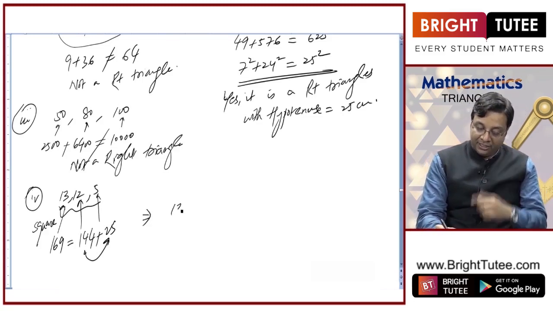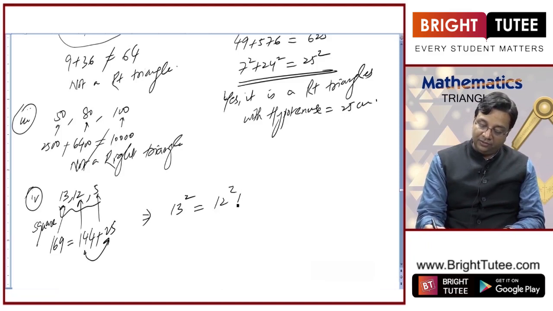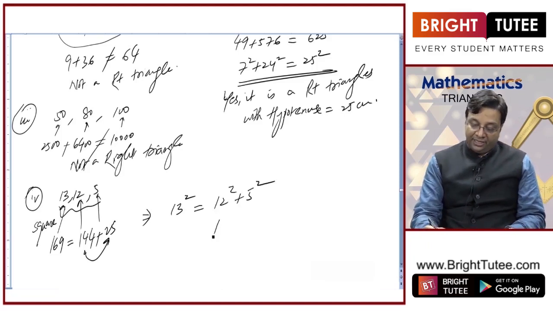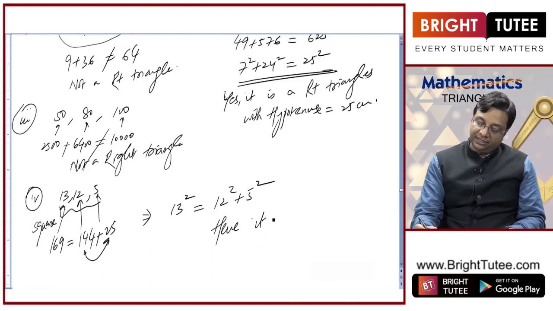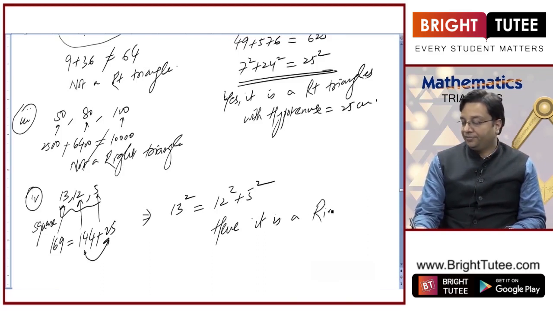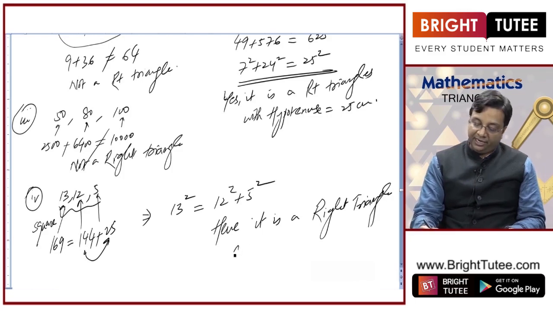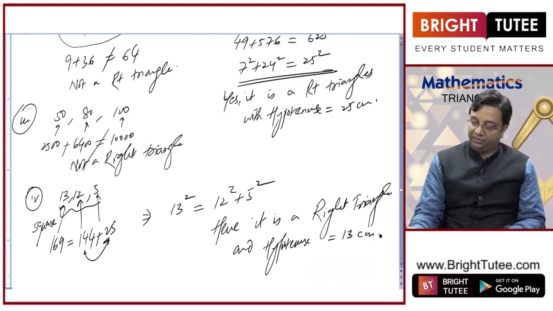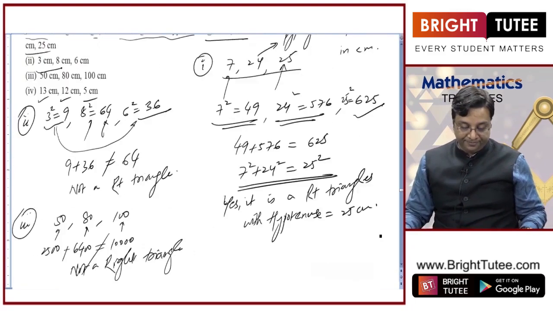So, I can say 13 squared is equal to 12 squared plus 5 squared. Hence, it is a right triangle and hypotenuse is equal to 13 centimeter. Okay.